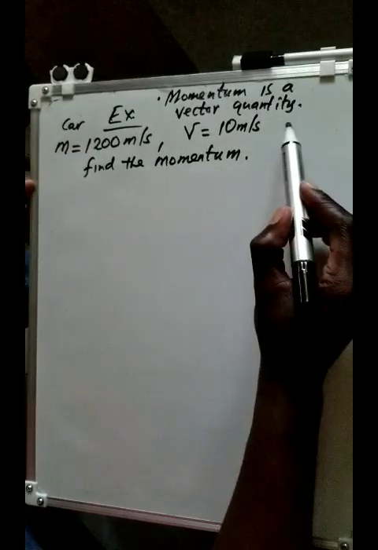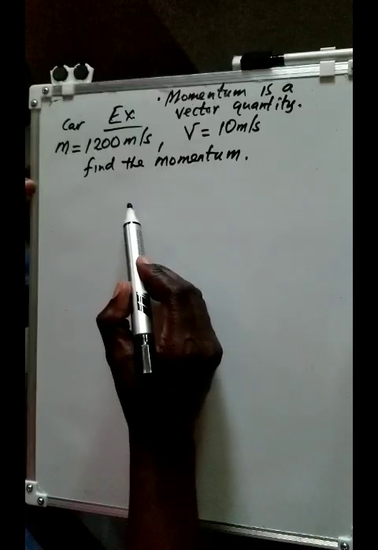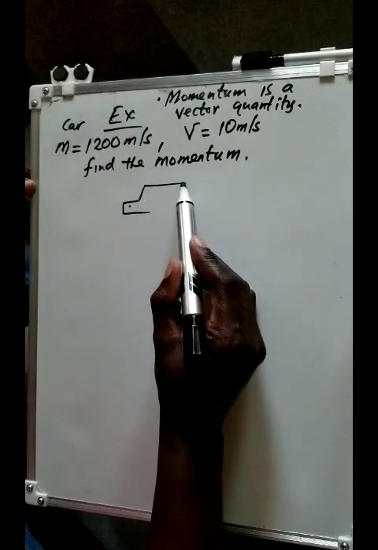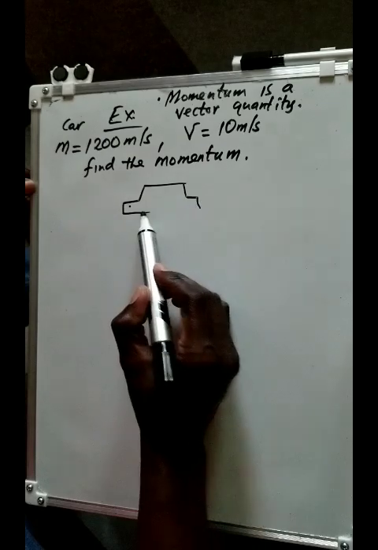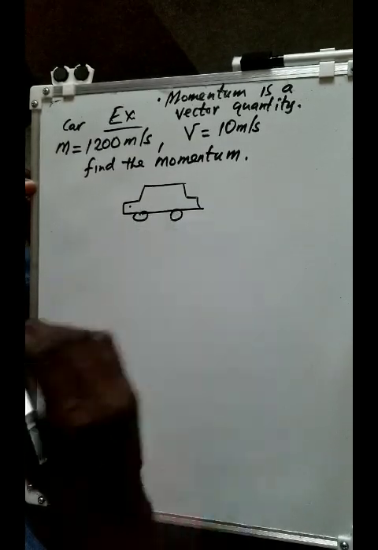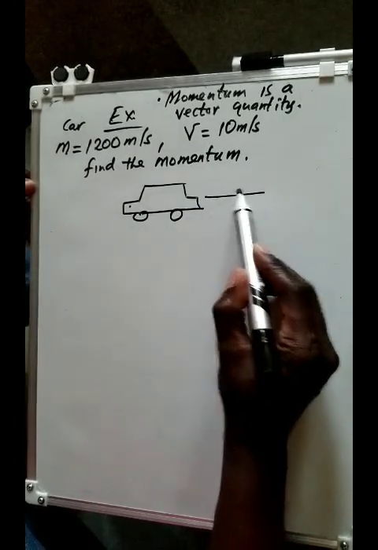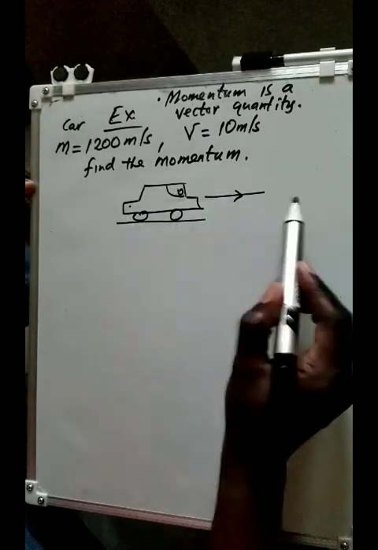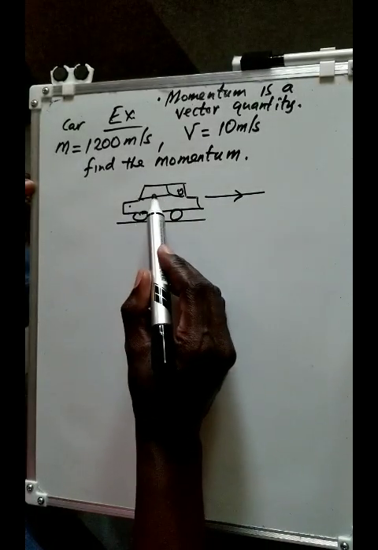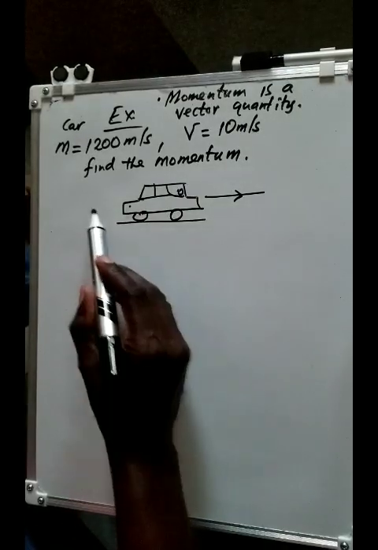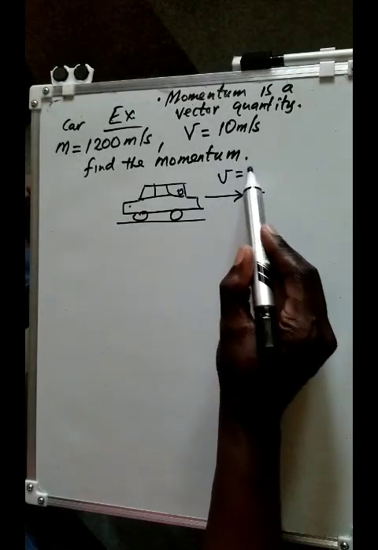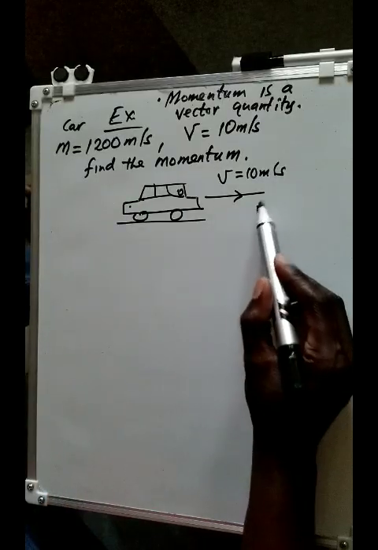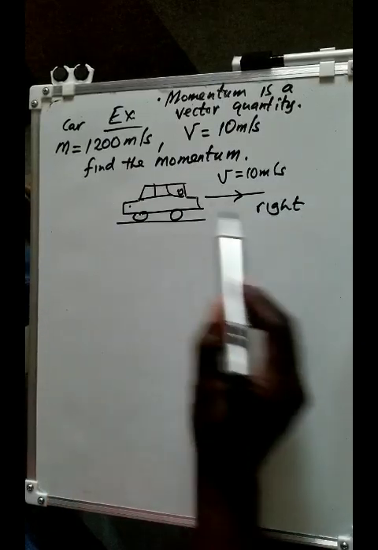Let's say that this car is moving to the right at a velocity of 10 meters per second. Then what would be the momentum? Remember, it is going in that direction to the right.